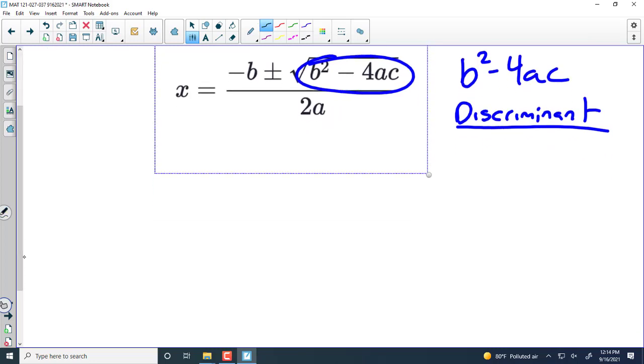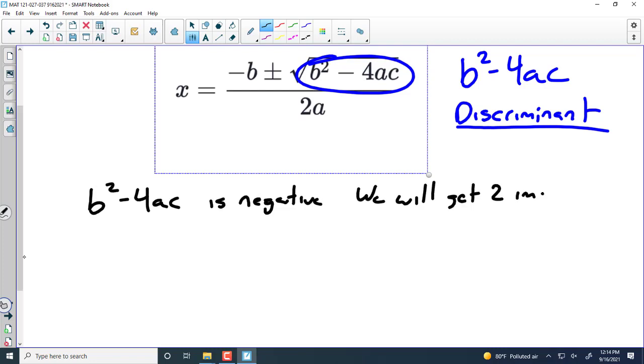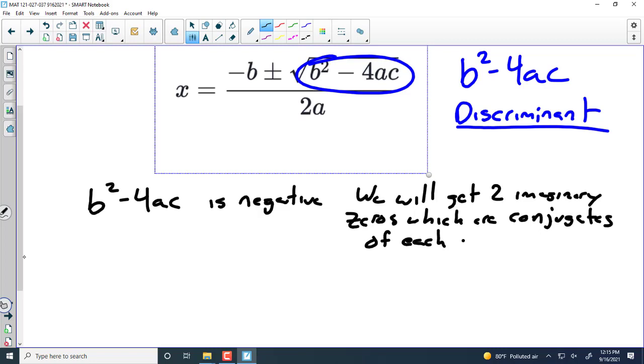They said, if b squared minus 4ac is negative, we will get 2 imaginary zeros which are conjugates of each other.